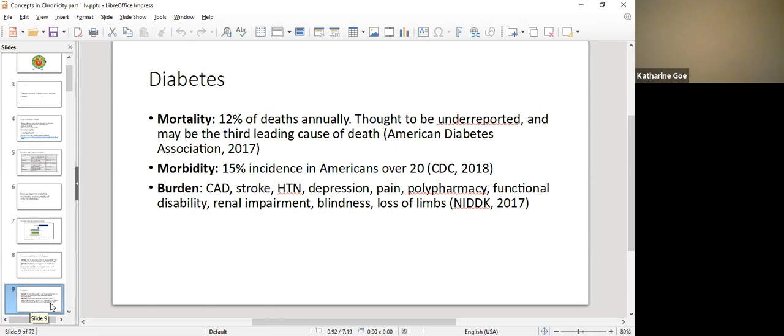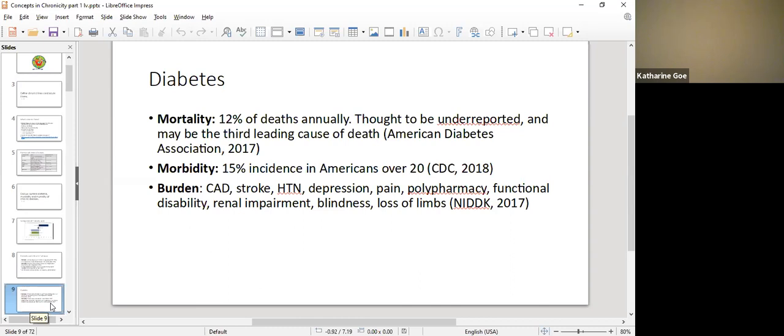So with diabetes, the mortality is about 12% of deaths annually. It is thought to be underreported and may really be the third leading cause of death, according to the American Diabetes Association. The morbidity is a 15% incidence of Americans over 20 having this illness, and the complications of diabetes are many.